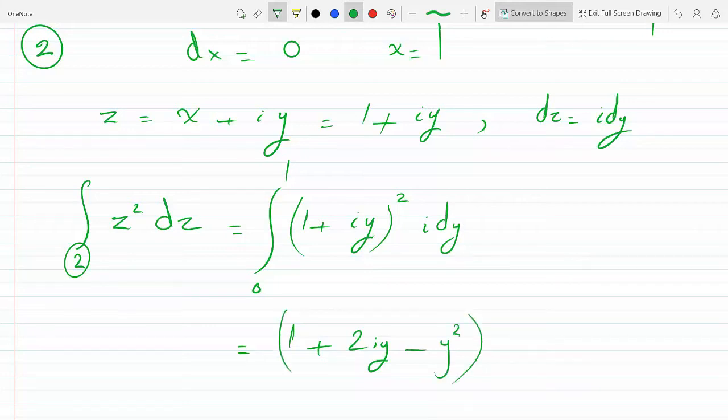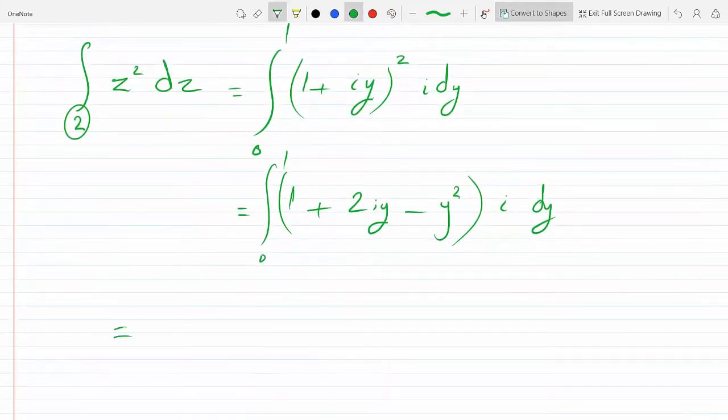And this whole thing is multiplied by i dy from 0 to 1. Let's simplify this further. So this becomes, we can pull the i out, yeah, and then integrate.